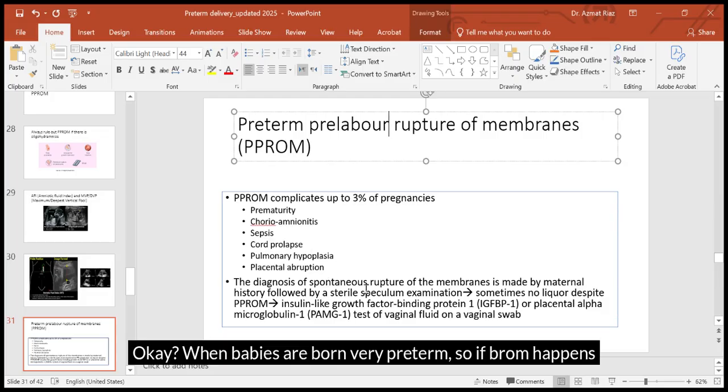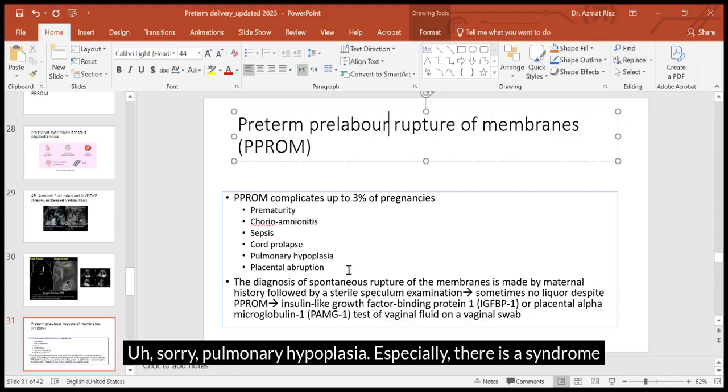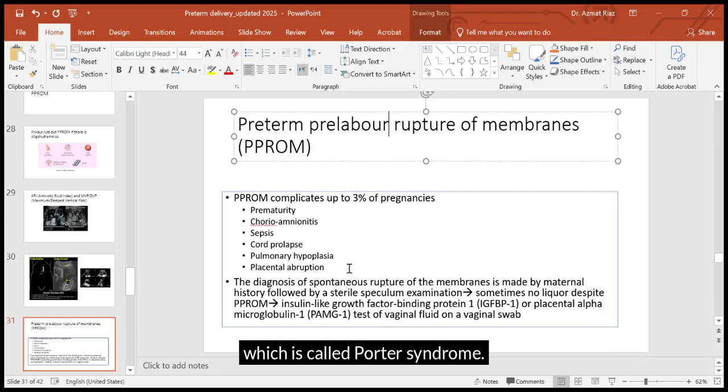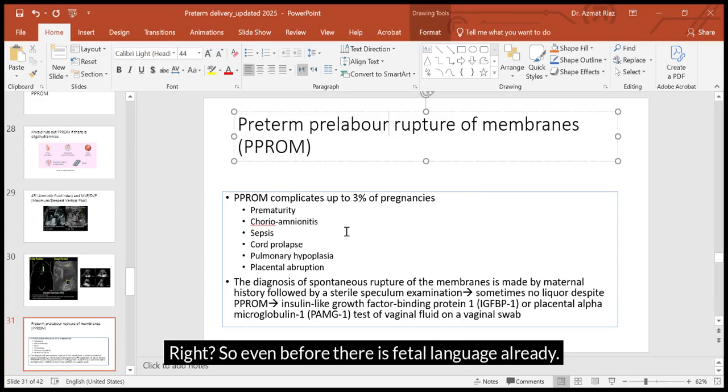Okay, when babies are born very preterm, so if PPROM happens very early on, especially less than 24 weeks, then they are more likely to have placental hypoplasia, pulmonary hypoplasia. Especially there is a syndrome which is called Potter's syndrome. That usually happens very early, because some women can have PPROM as early as 19 weeks, 20 weeks, right? So even before there is fetal lung maturity.